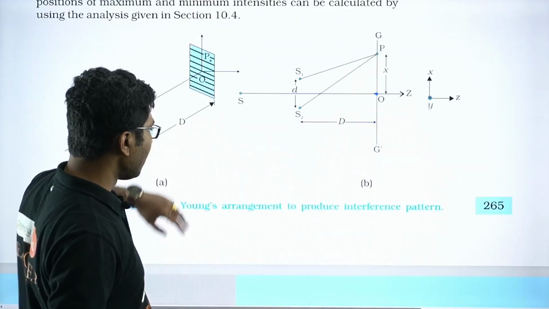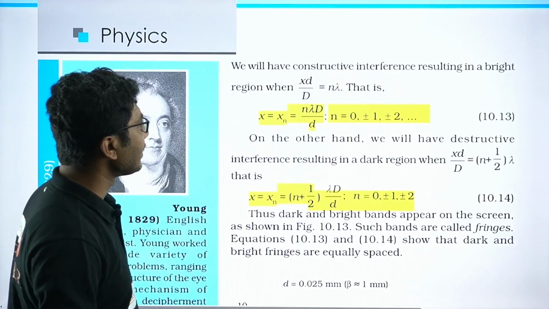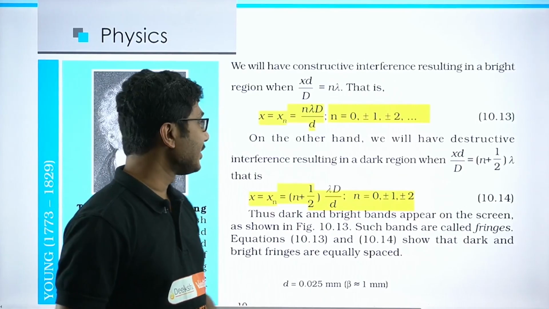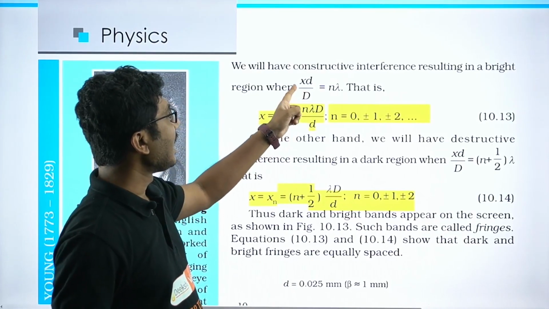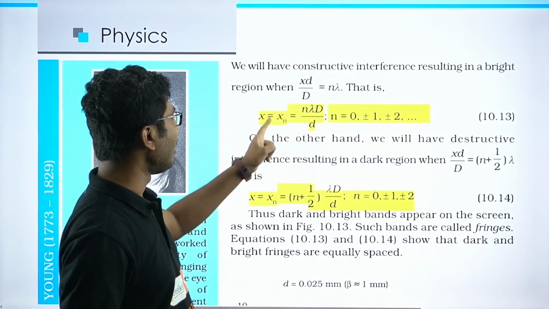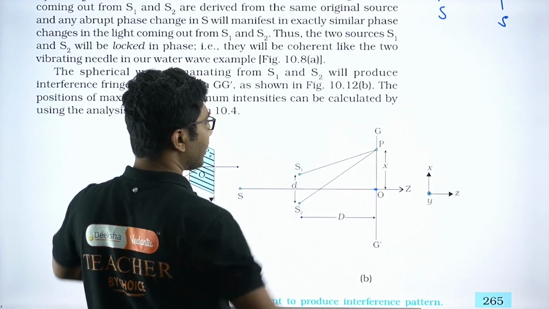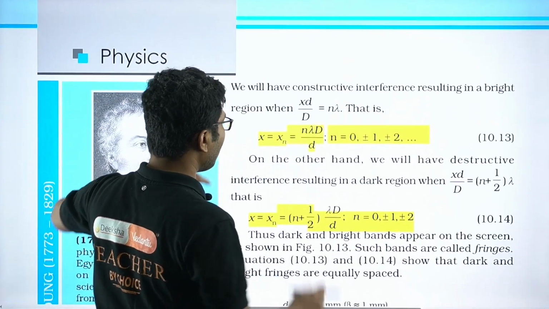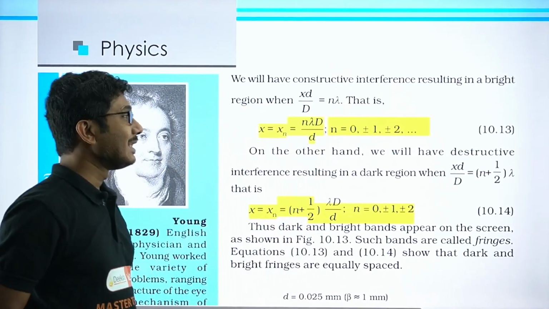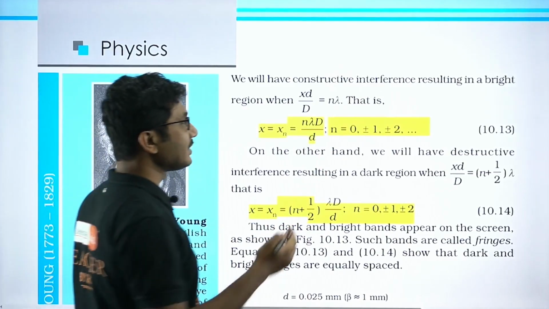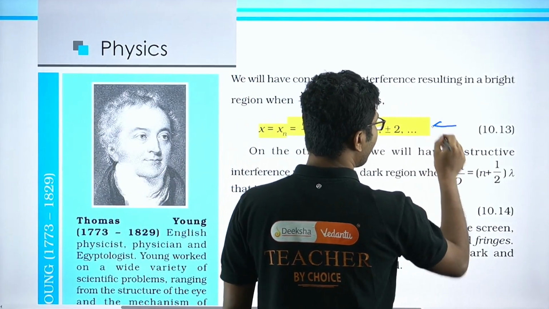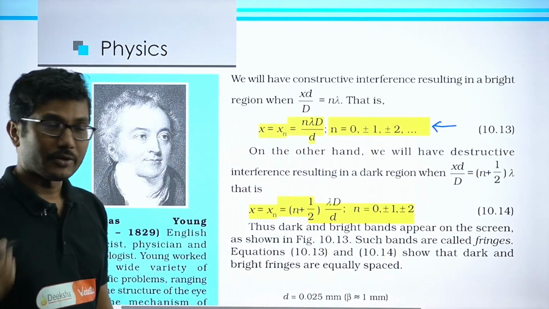If you observe it, you will get an interesting pattern. Now there is a condition of interference. The condition for interference is x d by D equal to n lambda, that is, if the distance x that you are measuring is of the order of n lambda D by d, then you will get constructive interference. This is very important for all the competitive exams that you are going to appear for.